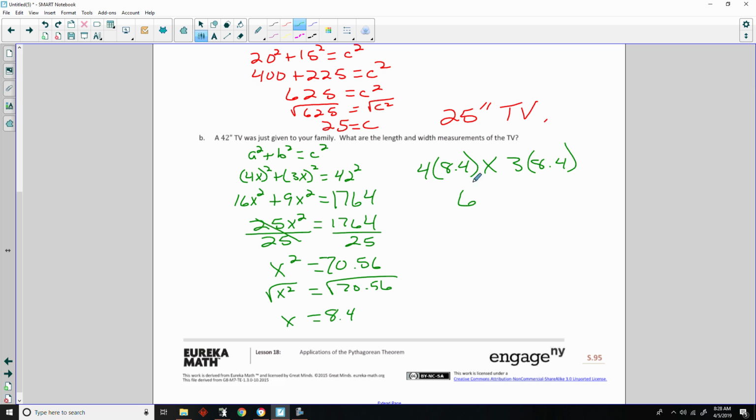So 4 times 8.4 is 33.6, by 3 times 8.4 is 25.2. So it'd be a 33.6 by 25.2 inch TV. So it's 33.6 by 25.2 inches.